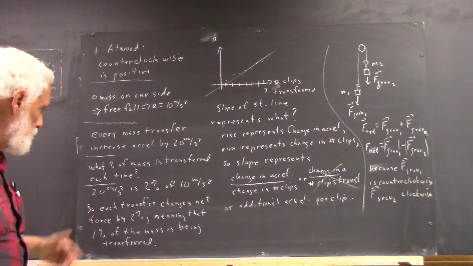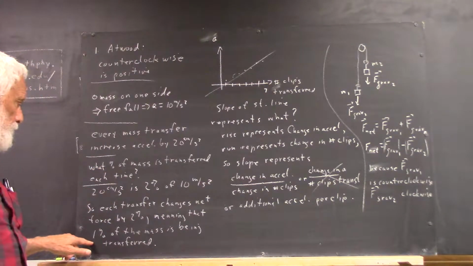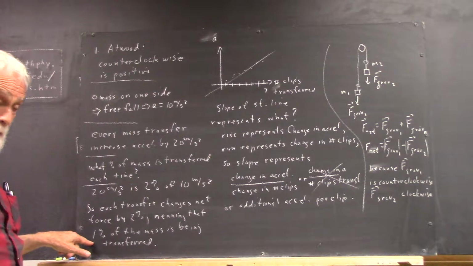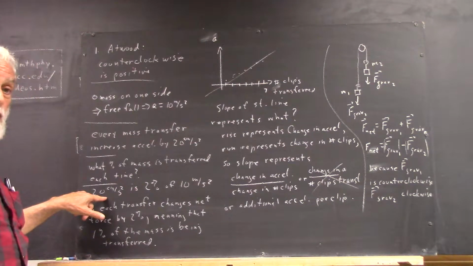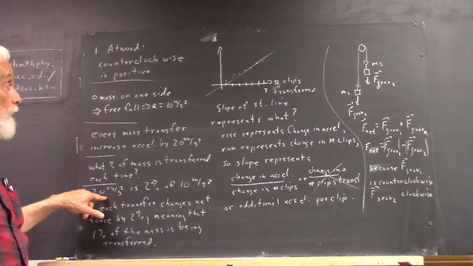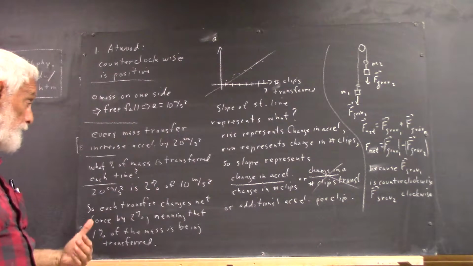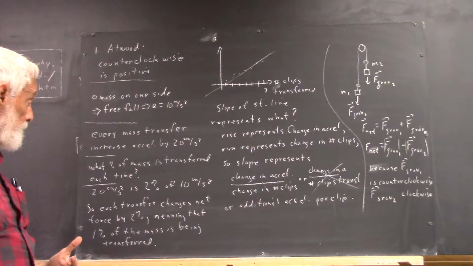So we put all this together, and we figured that the amount being transferred has to be 1% of the total mass, if that's the slope of your acceleration versus n, your number of clips transferred graph. Okay.